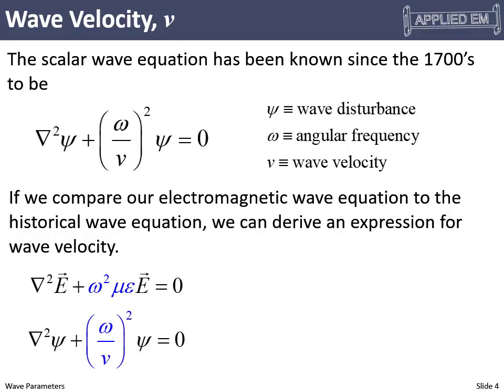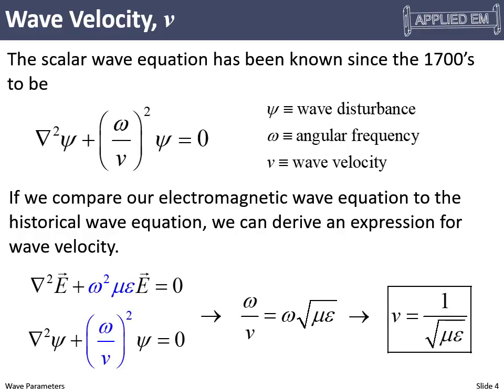Based on that, Maxwell set those equal and for the first time was able to derive the velocity of an electromagnetic wave from the electrical parameters, the permeability and the permittivity, and that was extremely cool. So that's our equation for the velocity of a wave in a medium described by a permeability and a permittivity.